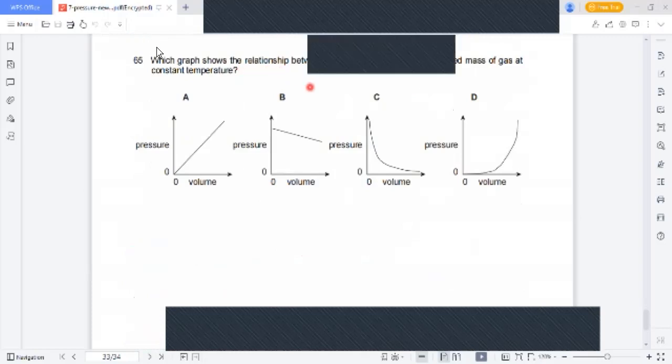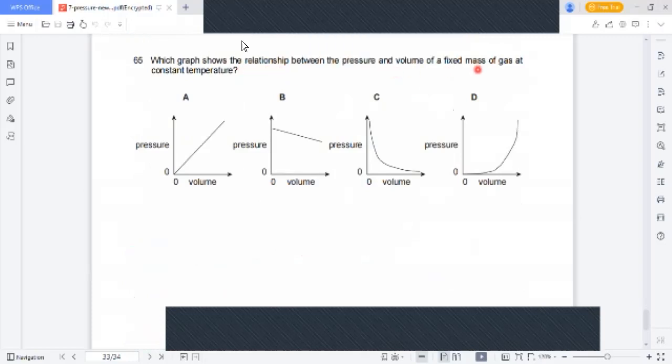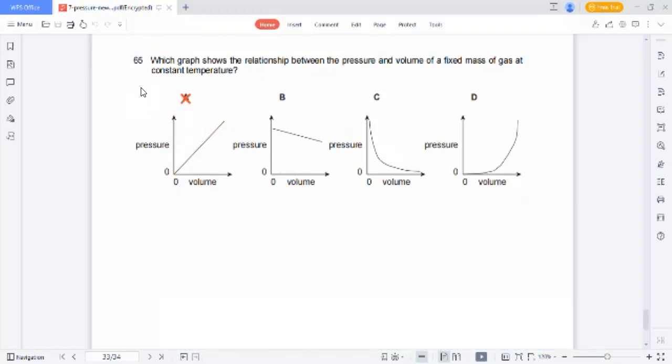The graph shows the relationship between the pressure and volume of a fixed mass of gas at constant temperature. Here the pressure increases and the volume increases, so that's incorrect. Pressure and volume are inversely proportional. This one states that when pressure is maximum, volume is zero.